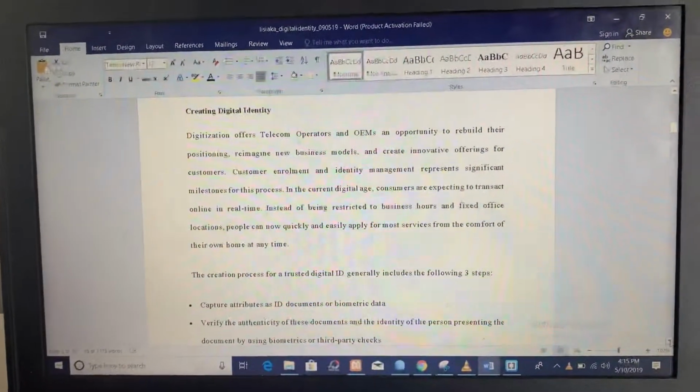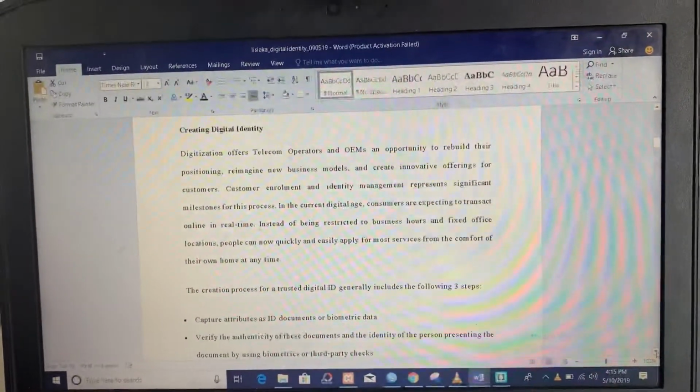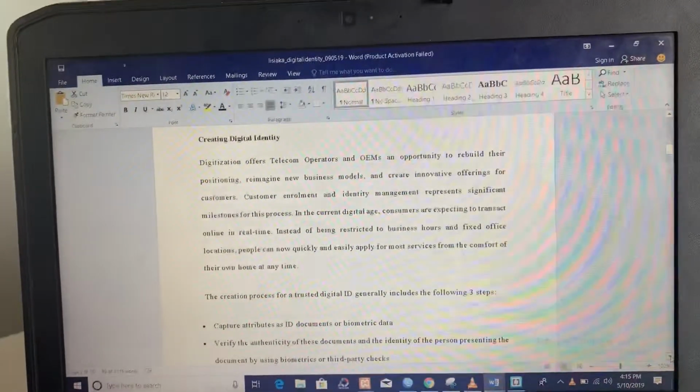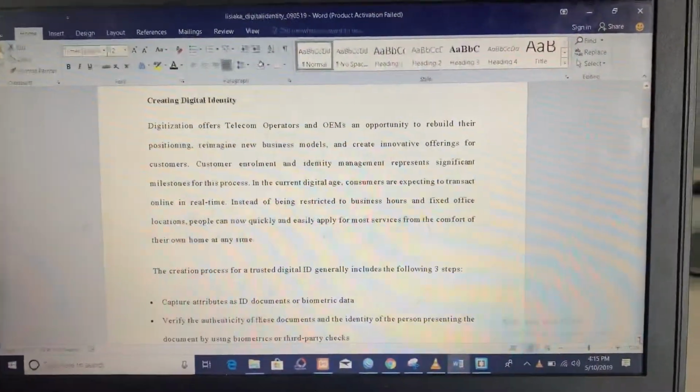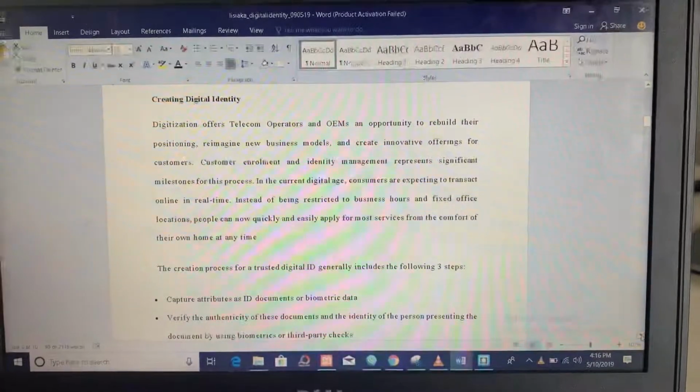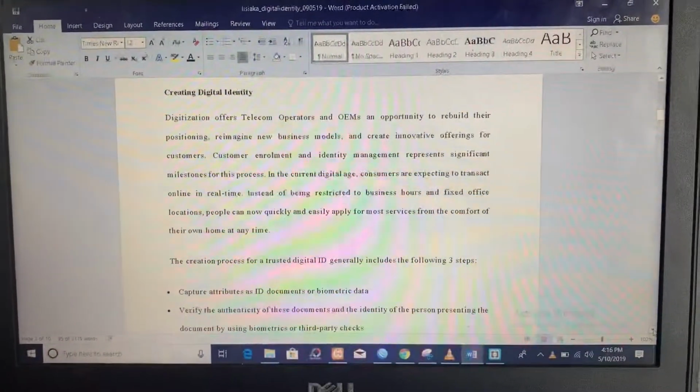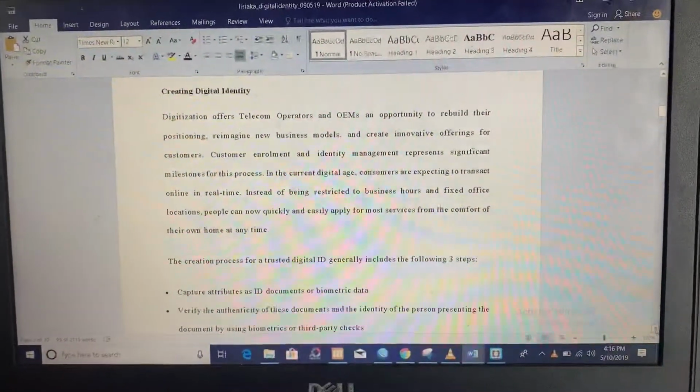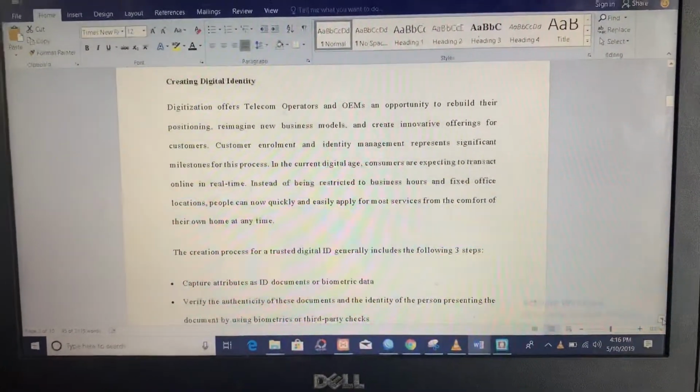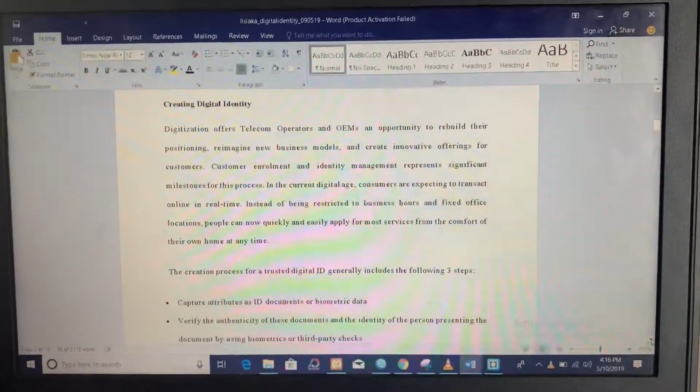Because right now, in this century, customers really want to be able to do their business transactions in the comfort of their home, with a stress-free operation with any organization.